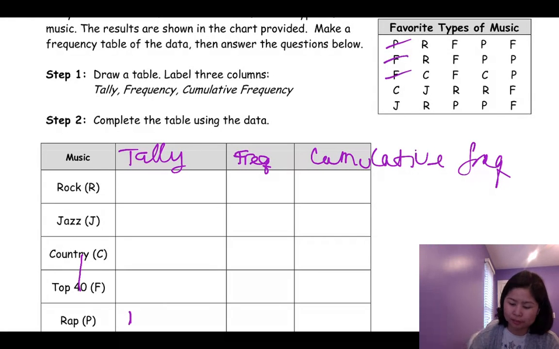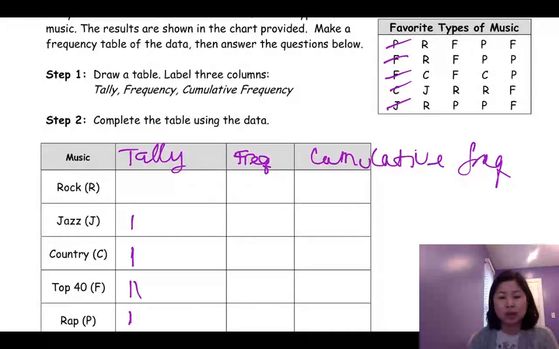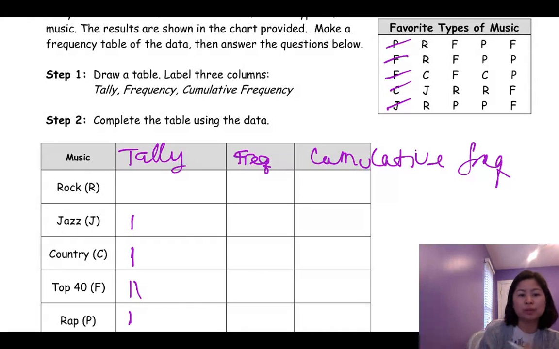There are two F's. There's one C. Even though it's not numbers, it can be letters. You just put it in the group it belongs to and count how many times something happened. I have two R's.